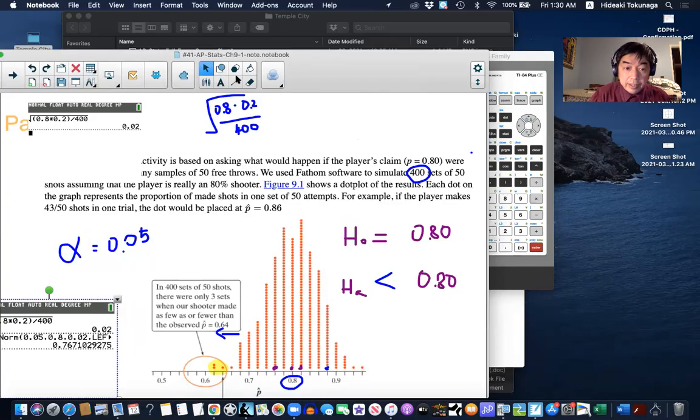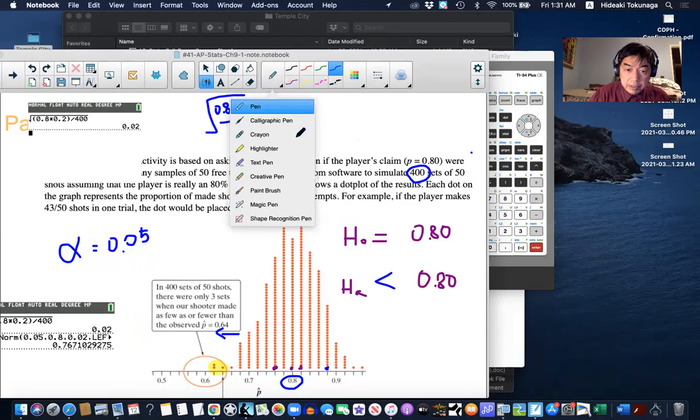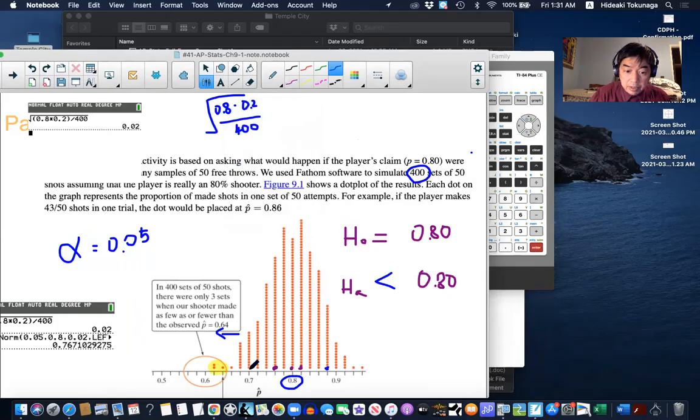So let me highlight this one. So it's more than I thought. It's going to be 72, 74, 76, right here. So if your alpha level is 0.05, if your distribution is here, you have to honor this one.